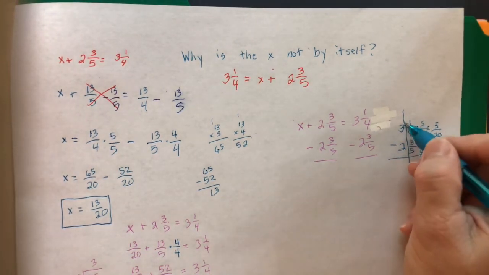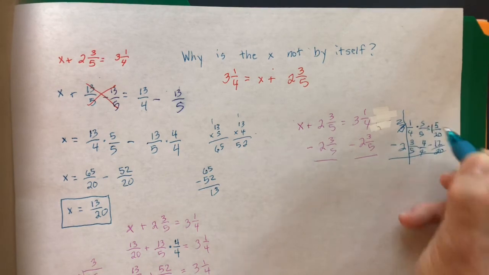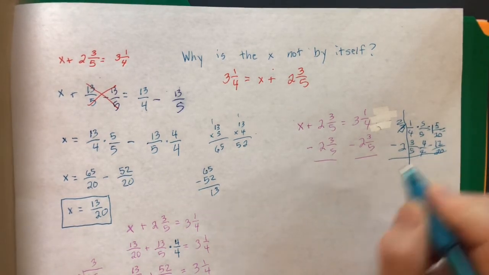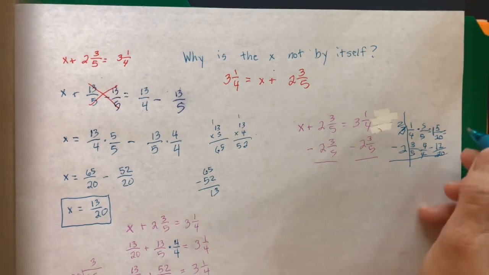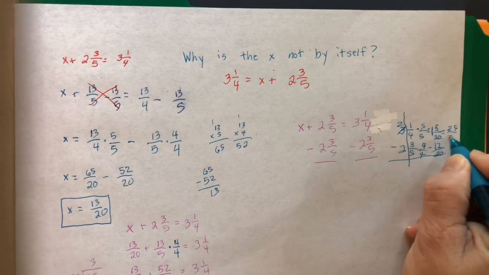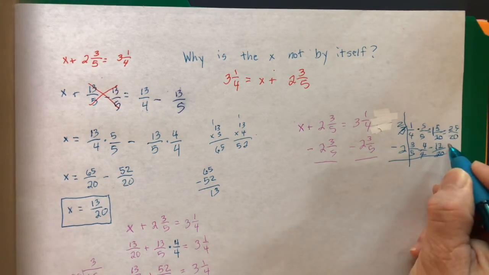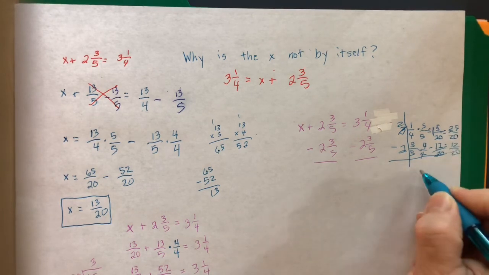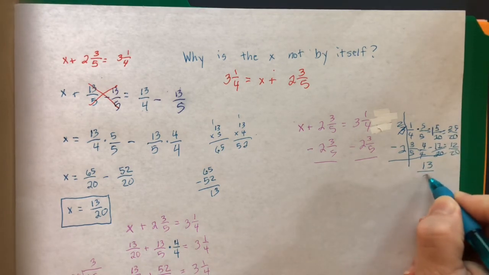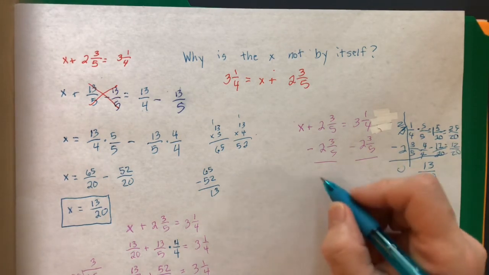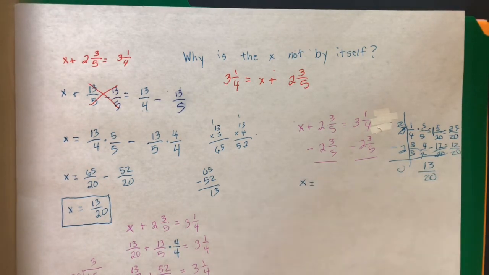So I have to borrow from here. And this is 1 and 5/20. So that equals 25/20 minus 12/20. And so that gives me 13/20. Now I've borrowed over here, so this becomes 0. My answer is x equals 13/20.